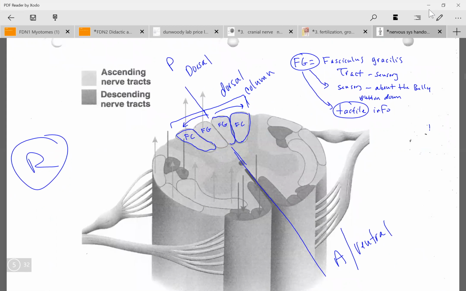All right, so the FC stands for fasciculus cuneatus.